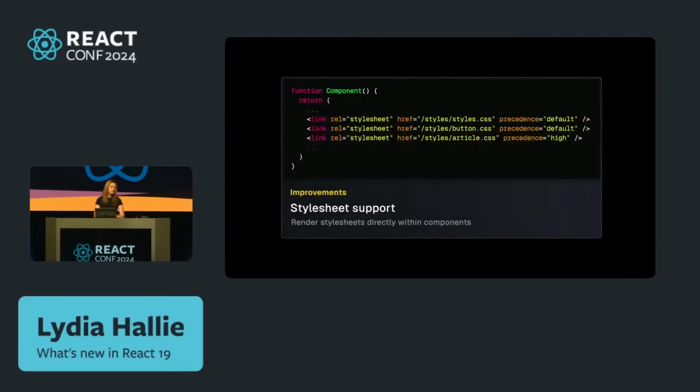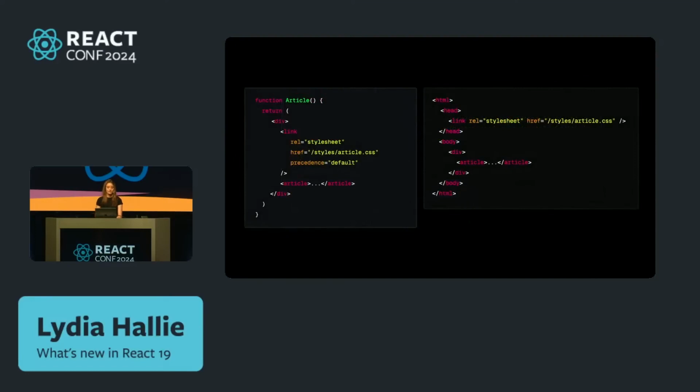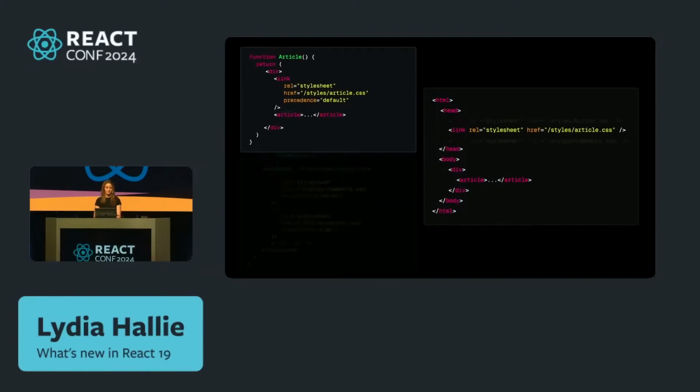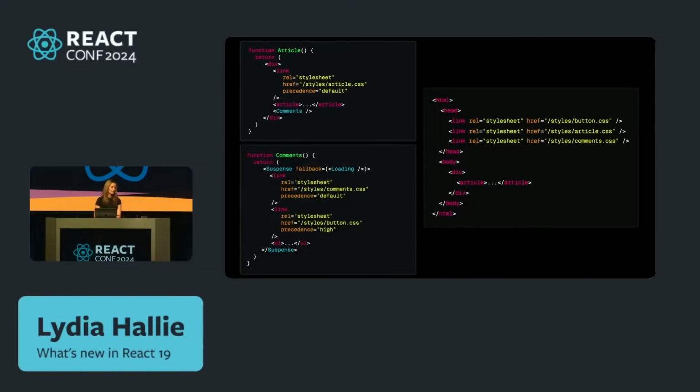Now, React 19 also adds support for directly using style sheets in the component that actually uses these styles. So we can just directly add them to our components, and React will again hoist these to the head, which ensures that the browser will not render the components until the CSS has loaded. And we can also load a style sheet within a suspense boundary. So in this case, we're loading the button and the common CSS within the suspense boundary.